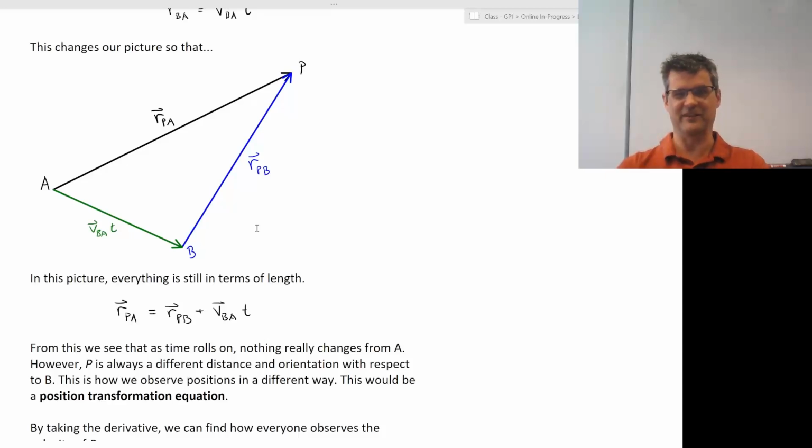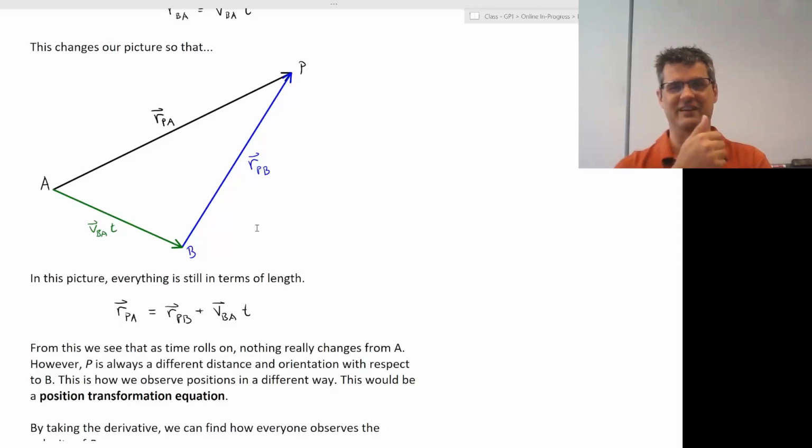That's totally fine. So somebody like me at point A can see point P, and point P is always sitting at the same place. Fine, great. But if I wanted to see how somebody in that express lane is seeing that other person, I need to first move to the frame of reference of that person in the truck.